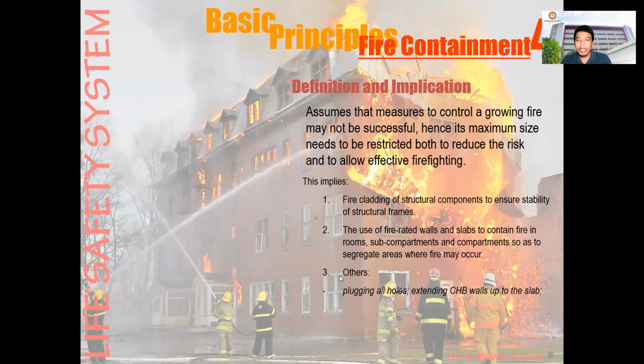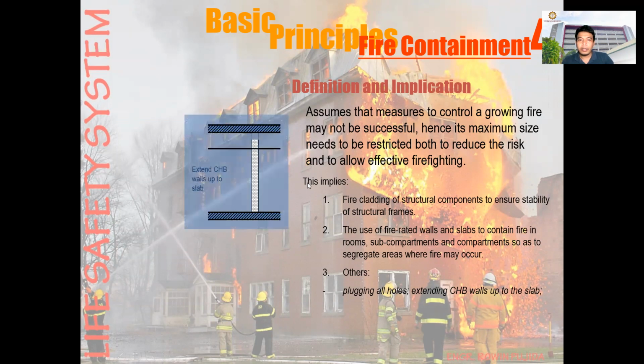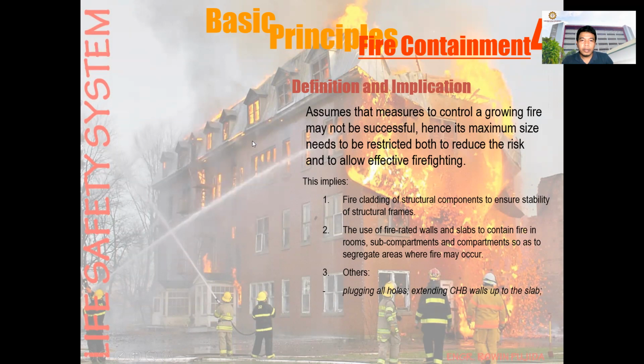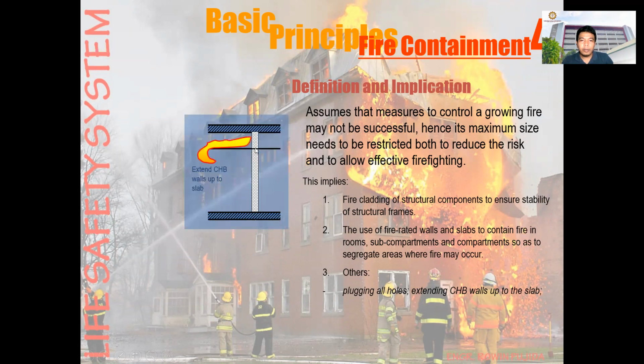Okay, and then number 3, you have plugging all holes and extending CHB walls up to the slab. So you have the fire containment. Instead of your CHB going up to the ceiling, you can have it up to the flooring of the next level.